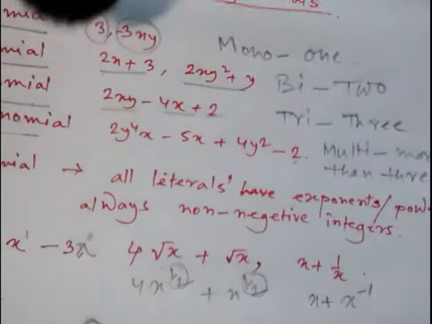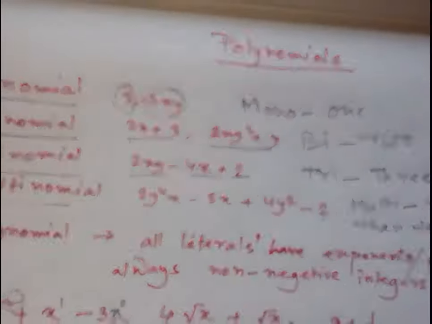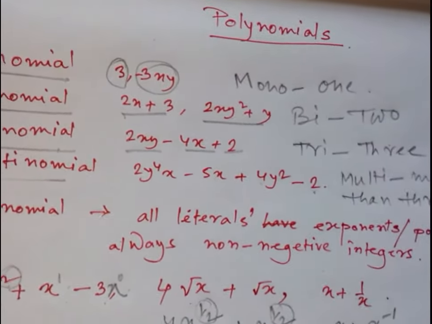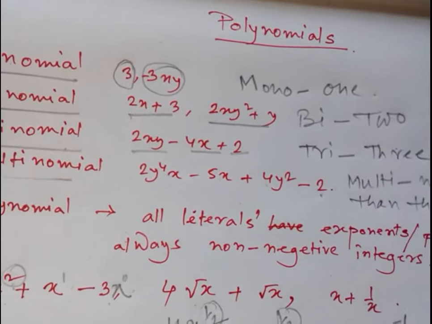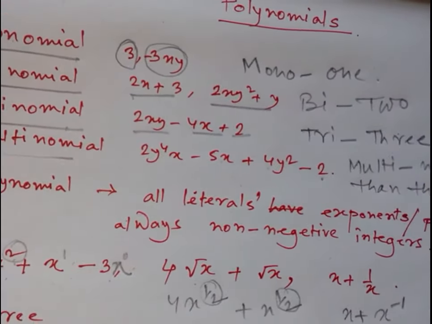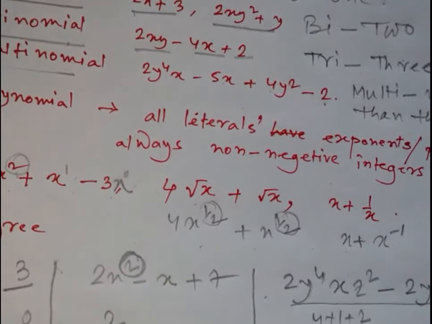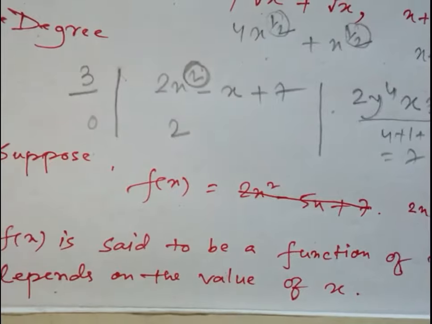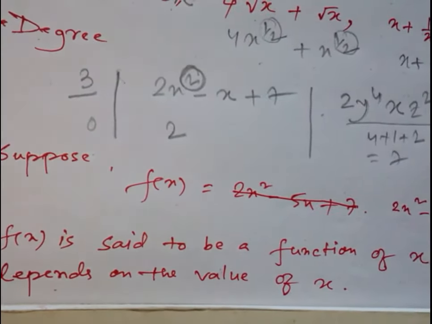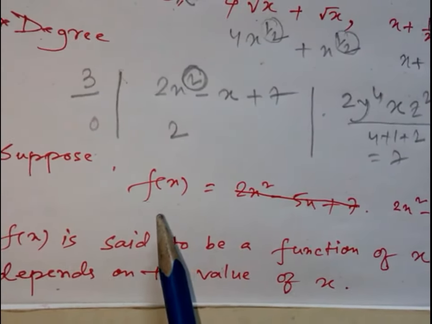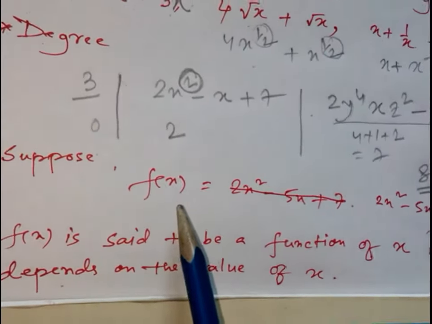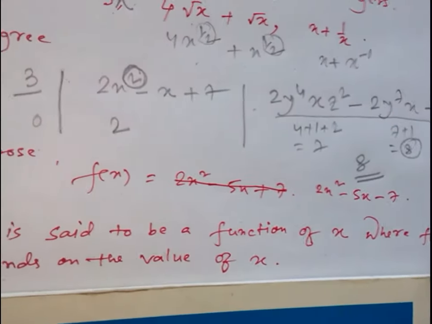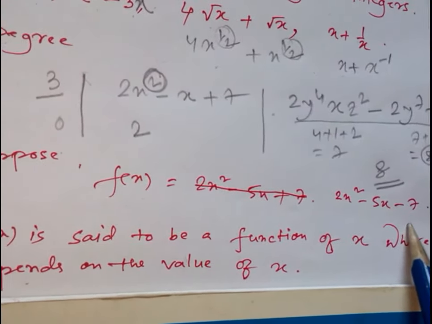So these are the basic information we need to know about polynomials. After this, we are going to learn about functions. Suppose here is a function which is denoted by f of x is equal to 2x squared minus 5x minus 7.